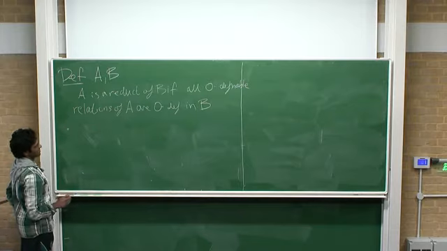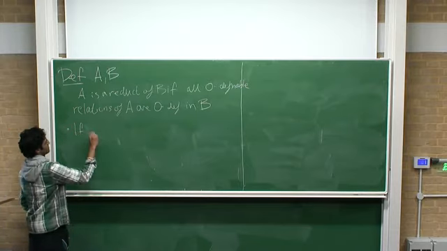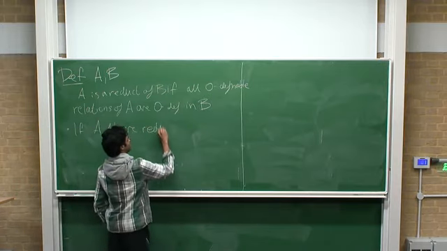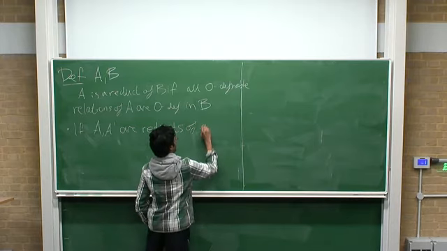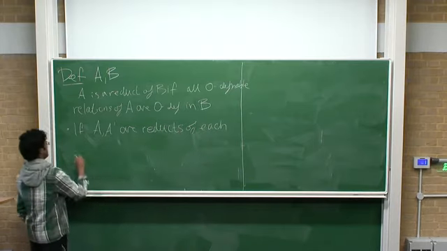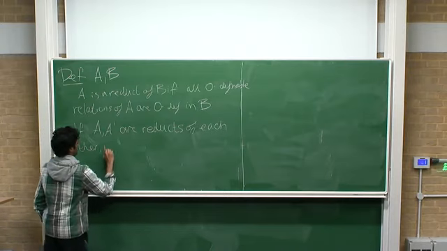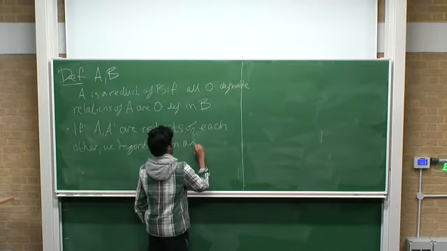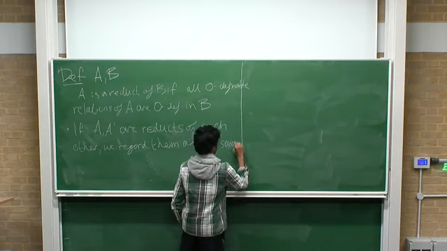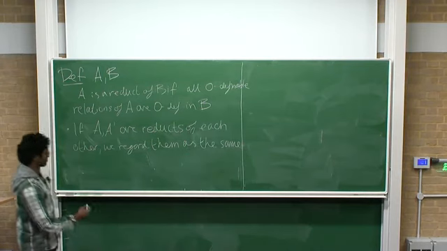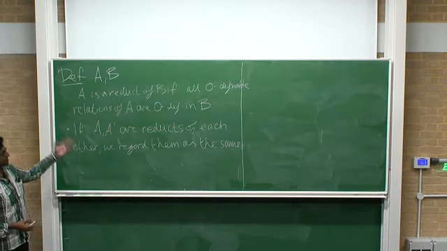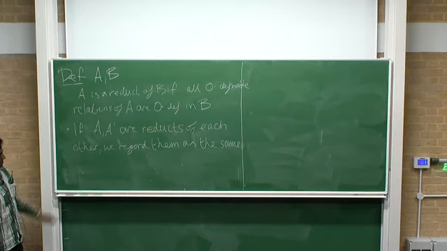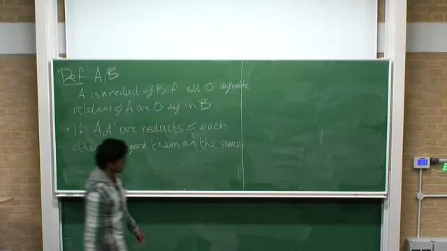So the question would be, given a structure, what are its reducts up to this equivalence? I'll just give a couple of examples of structures for which this question has been answered.